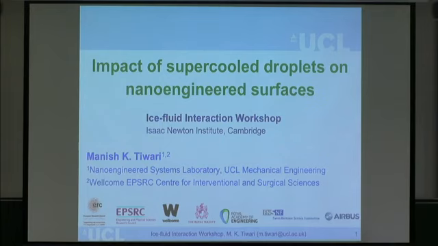I'm an engineer. I'm based in mechanical engineering in UCL. So the engineering objective of our work is to see if we can design surfaces that can hopefully either delay ice formation, or, as it is inevitable because thermodynamically a cold droplet, even though it can exist for a certain amount of time, it's eventually going to freeze.